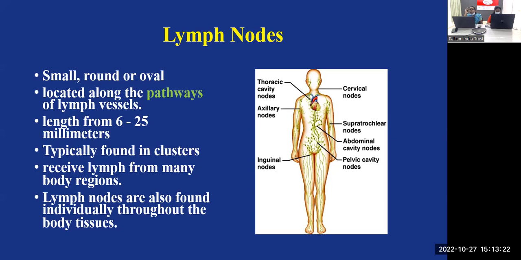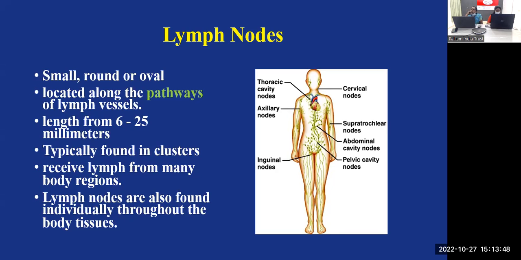Here, you have to understand the structure of the lymph nodes. There are around 600 to 700 lymph nodes in our body. You can see in the image, the small round lymph nodes are visible everywhere.